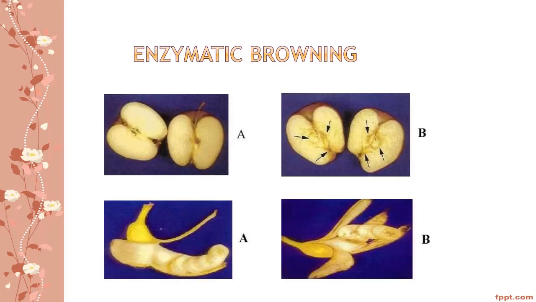If you look at the picture here, this is a fresh apple. When you cut it, it will have some browning, shown by this arrow. This one will have some enzymatic browning.